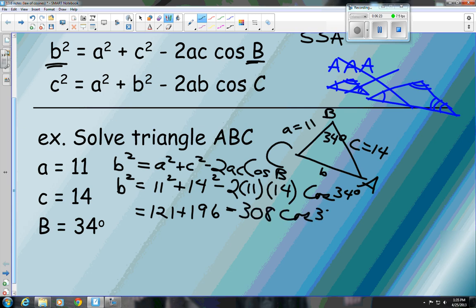Cosine of 34 degrees. Now, just a reminder, I can't combine all three of these just yet. I can add 121 plus 196, but that other one has a cosine. So 121 and 196 is, what is it? 317. Okay, I get to this point before I grab my calculator. That's minus, not plus.